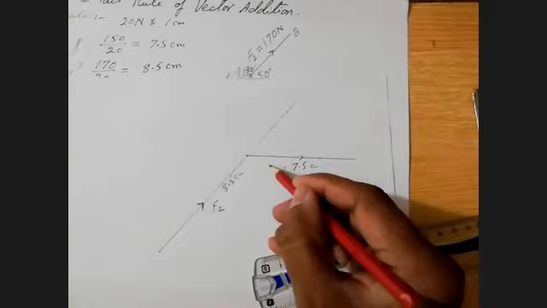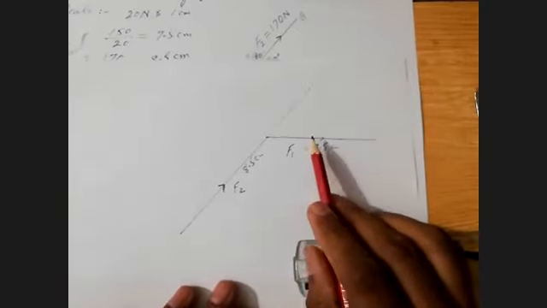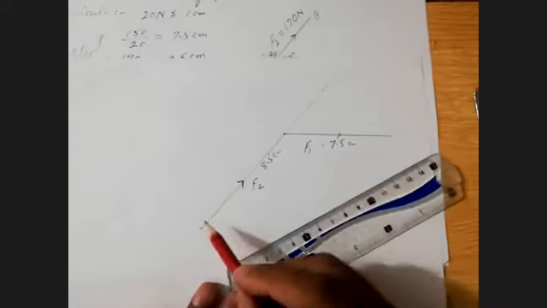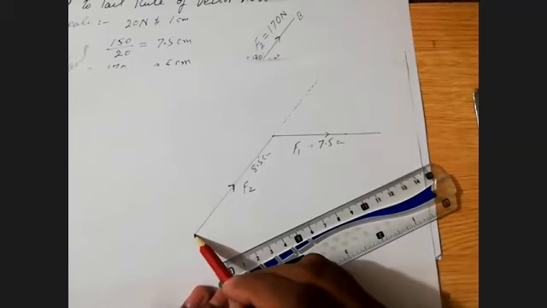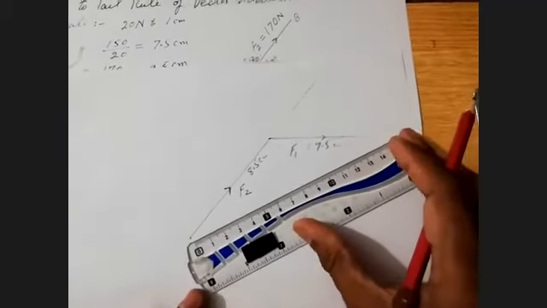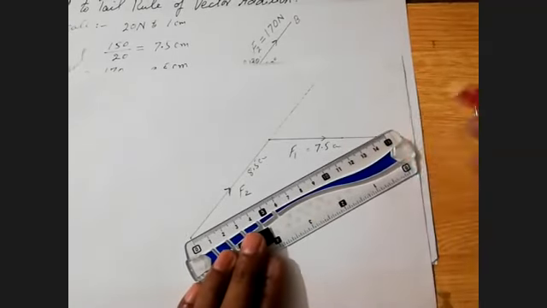This is F1 basically. Now the tail of the first vector will be joined with the head of the last vector, and you can draw a line to represent this resultant.